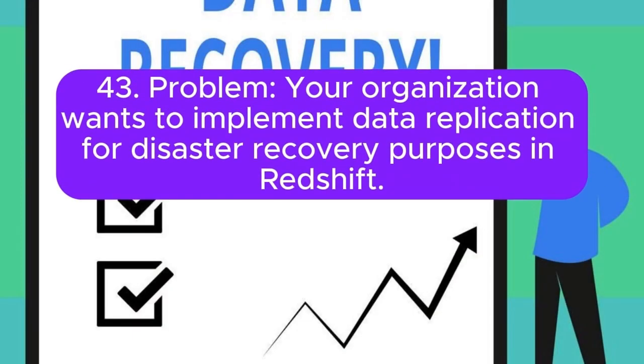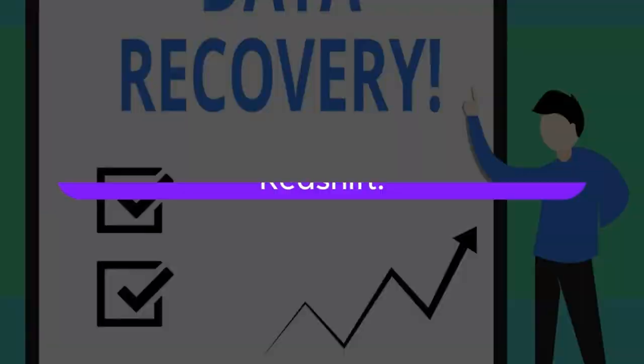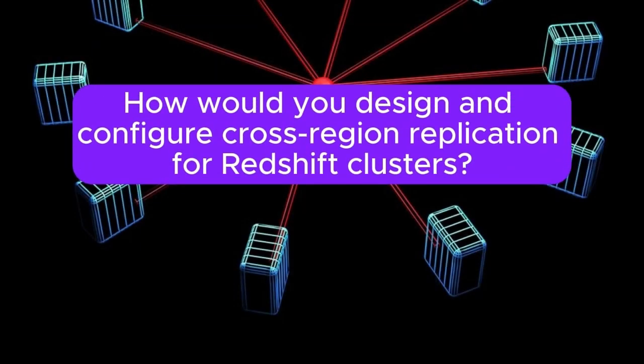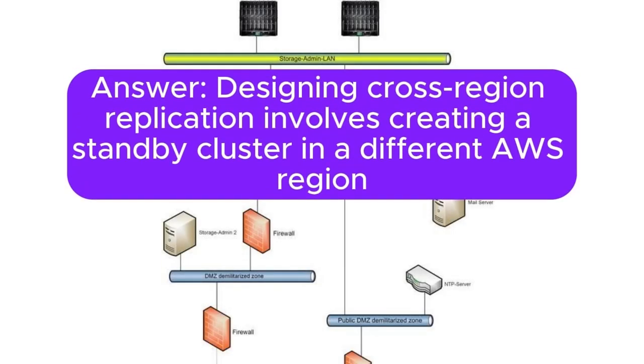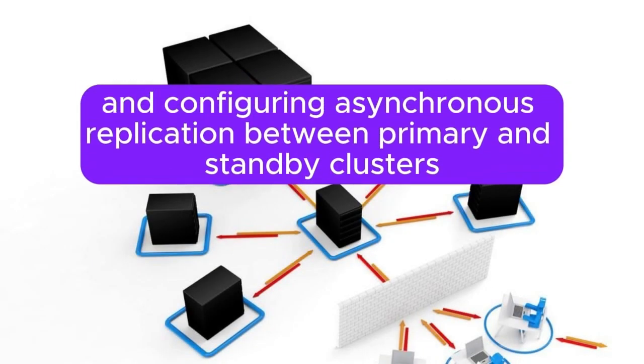43. Problem: your organization wants to implement data replication for disaster recovery purposes in Redshift. How would you design and configure cross-region replication for Redshift clusters? Answer: designing cross-region replication involves creating a standby cluster in a different AWS region and configuring asynchronous replication between primary and standby clusters.